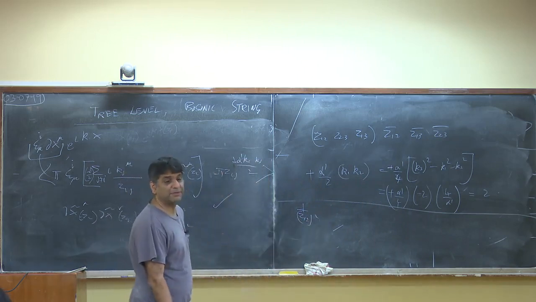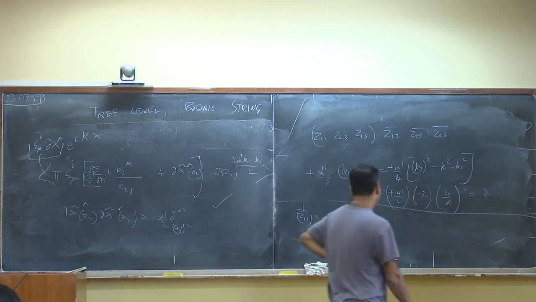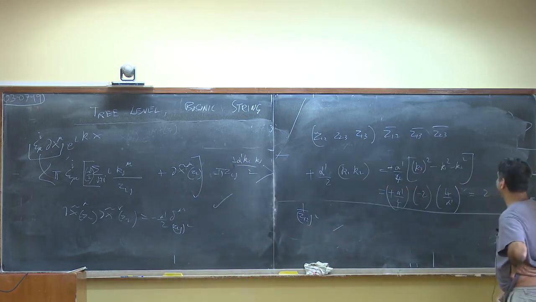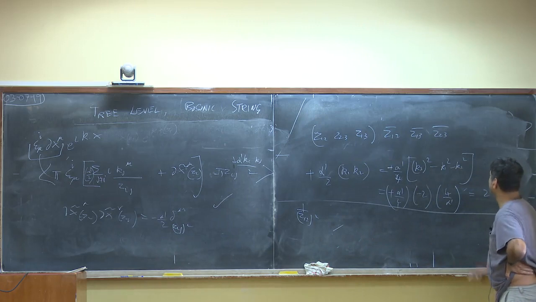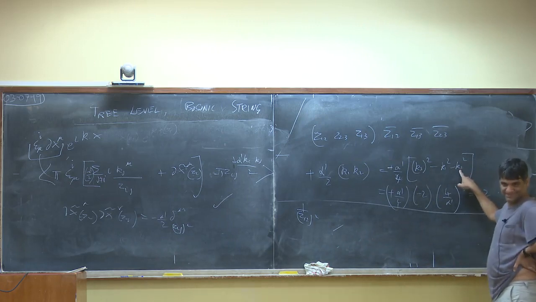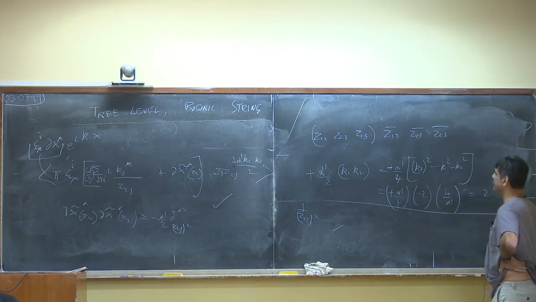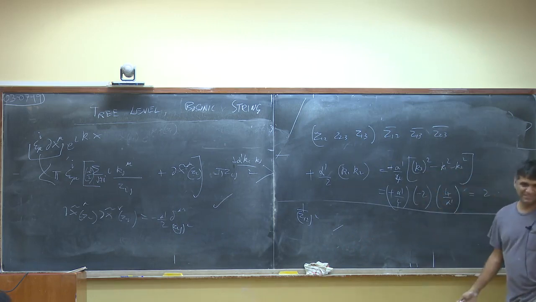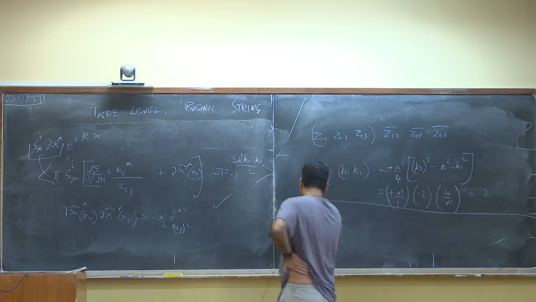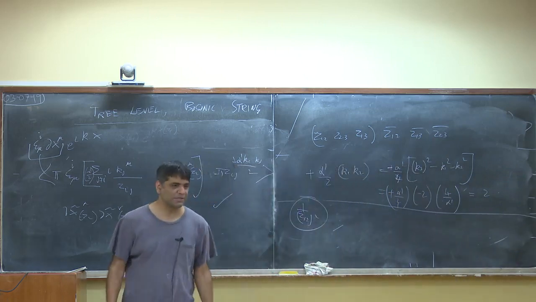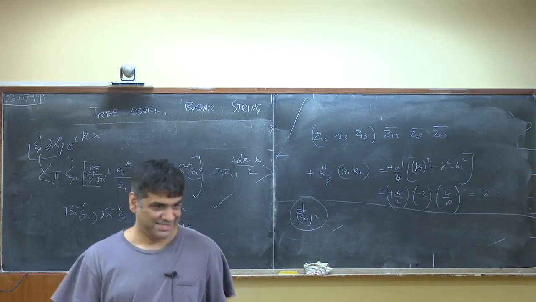Okay, then what about z13? In z13, one of these is 0, and the other two cancel each other. So you get 0. So all you get from this thing is 1 over |z12|^2. Okay?